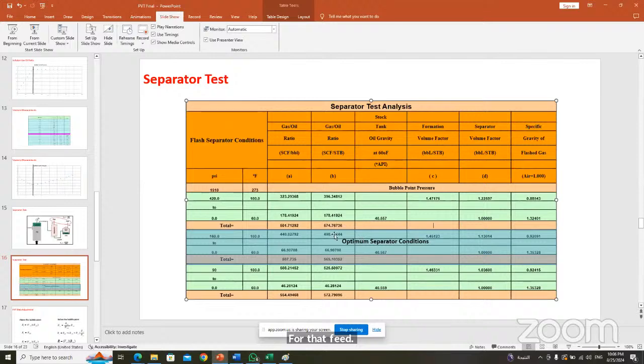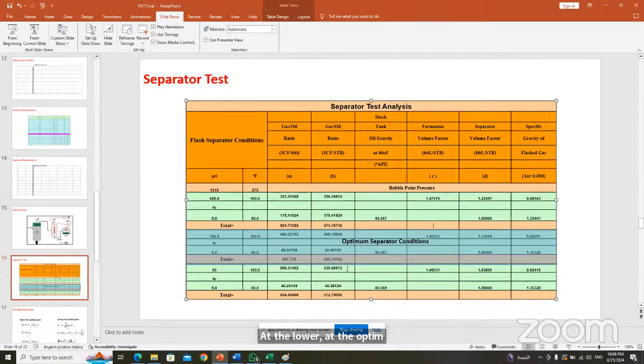Similarly for the GOR. Both fields have the exact same reservoir fluid, but this one is producing at that condition, so it will have a somewhat higher GOR than this field that's producing at the optimum condition.